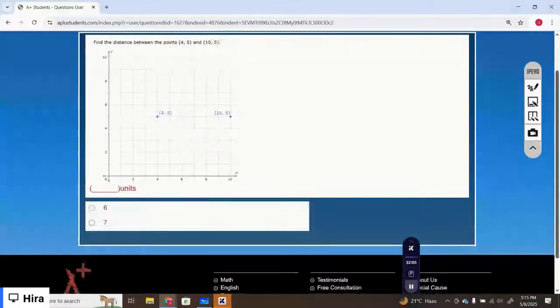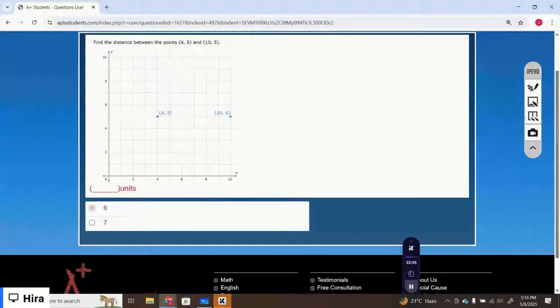They have the same y component. The distance between the x components is 6.